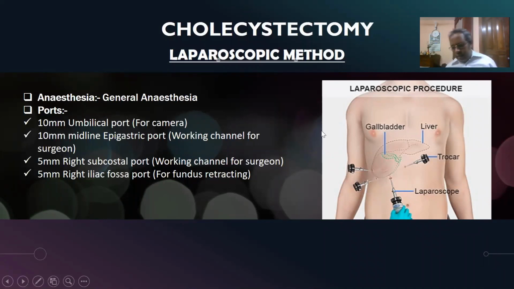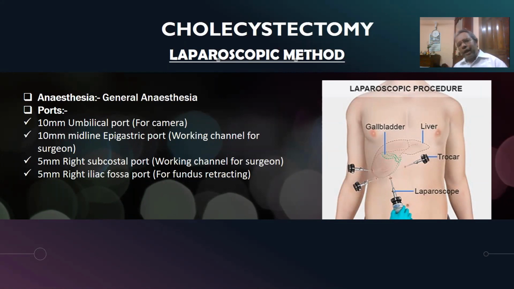The other thing is the method of laparoscopy. That means we make a hole at the umbilicus, either the supraumbilical or the infraumbilical region. In that hole we put a trocar, and through that trocar we put a gas pipeline, so that the gas can inflate the abdomen.